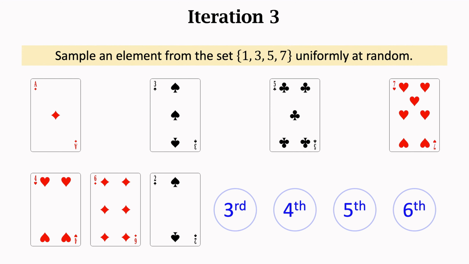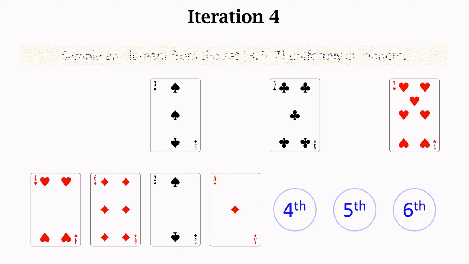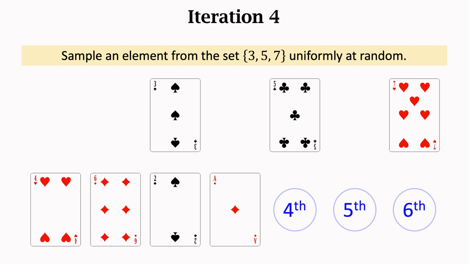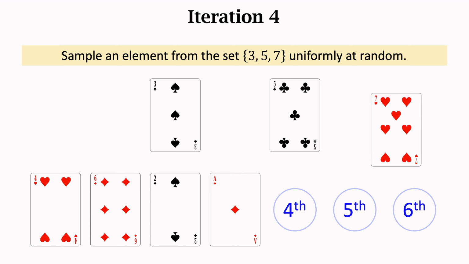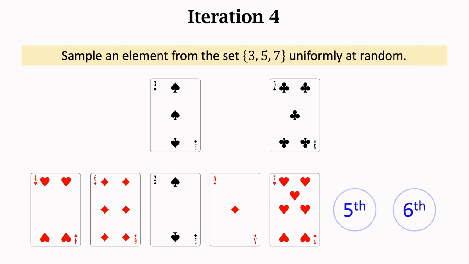Perform another random sampling and get ace. Take ace out of the set and put it in the third position. Another random sampling. We happen to get 7. Move card 7 to the leftmost empty position. That is the fourth position.